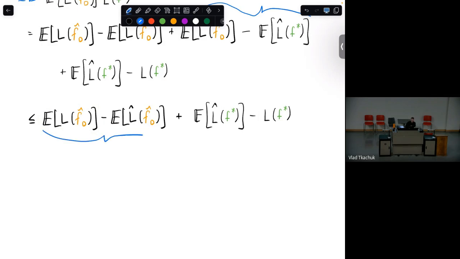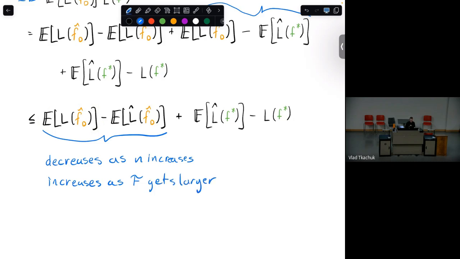And more importantly, this is the thing we've already seen before. The important thing was that this difference between expected loss and estimated loss decreases as n increases, and increases as the function class f gets larger.